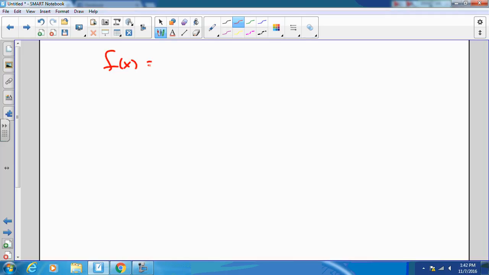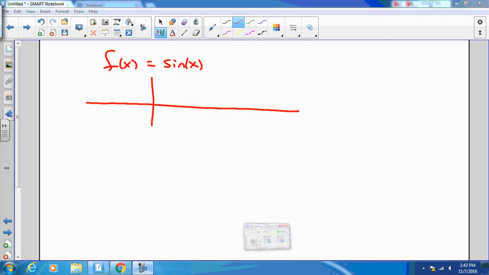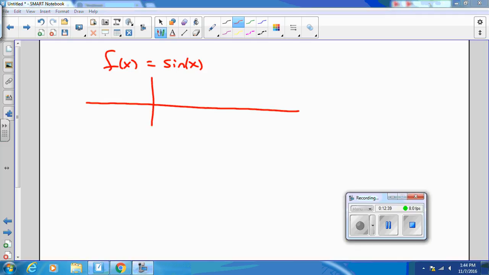What I'd like for you to do is to give me a graph of f of x equals sine x, and mark it as well as you can. Okay, what does my graph look like?